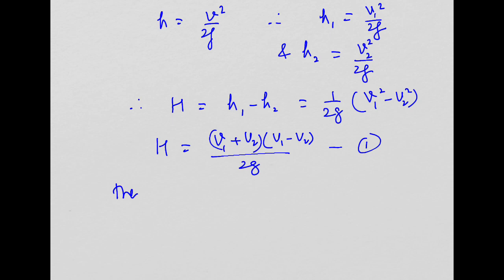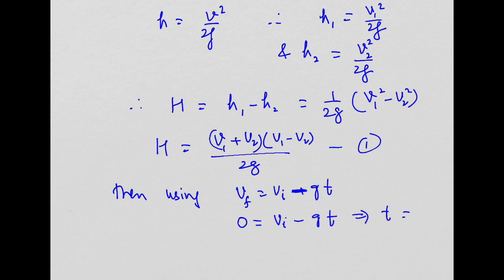Then using the first equation of motion, Vf is equal to Vi plus gt, and when the object is going up, minus gt, as acceleration will be negative in this case. At the maximum height, Vf is 0, so 0 equals Vi minus gt, and time will be given by Vi by g.